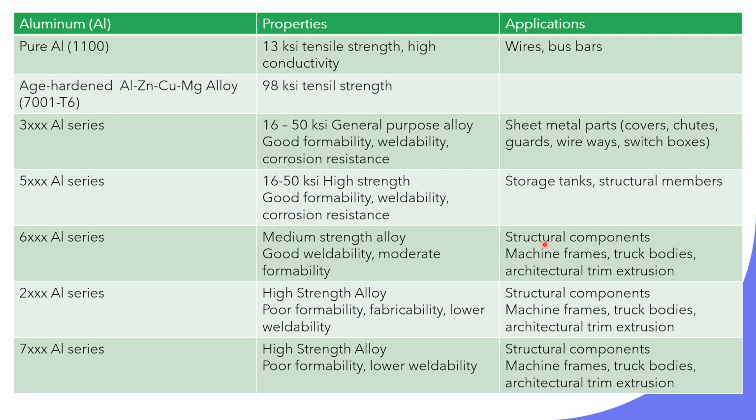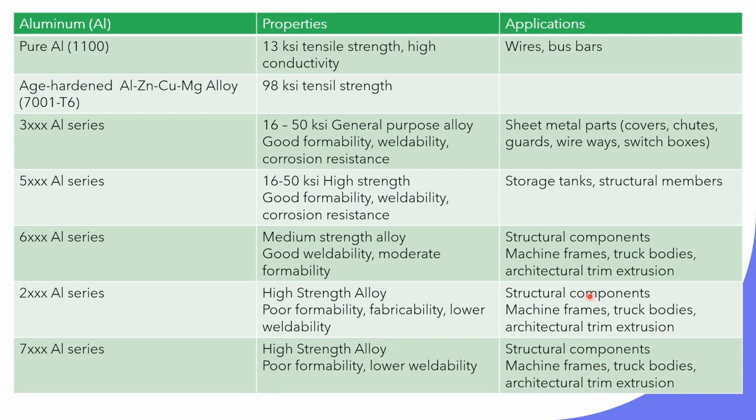They're used in structural components, machine frames, truck bodies, and architectural extrusions. So these are the same thing. And then 2 series aluminum alloy, the same thing. They have a high strength, poor formability, but you can fabricate them, and they have lower weldability.